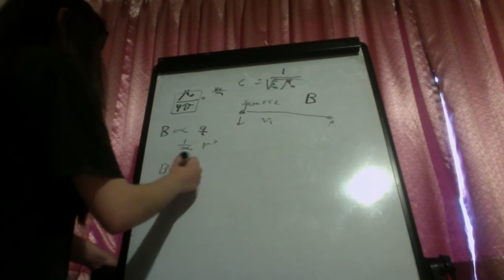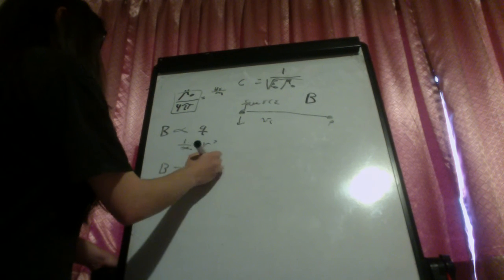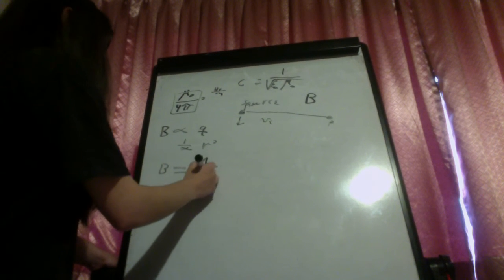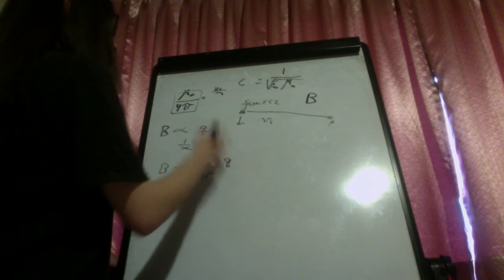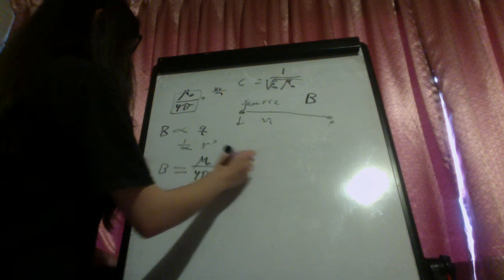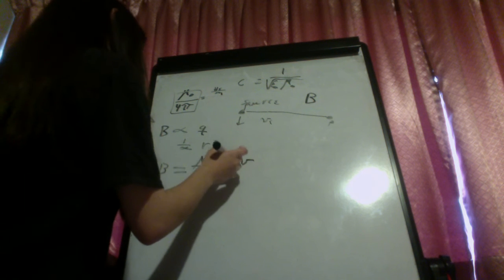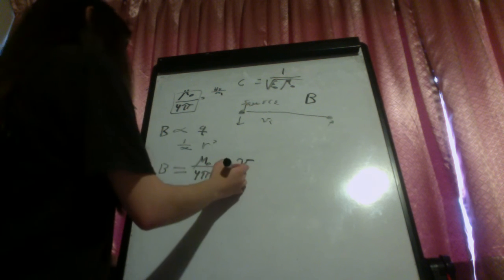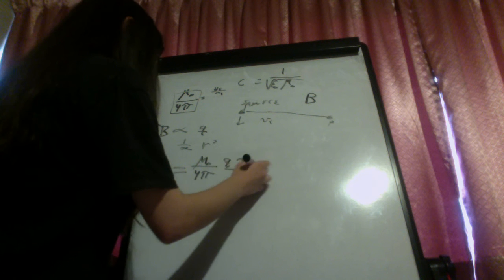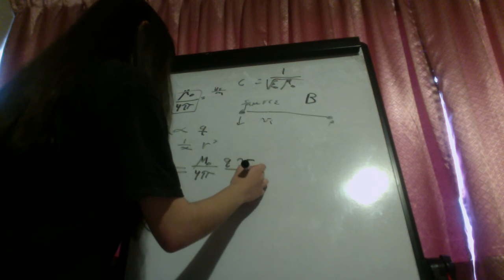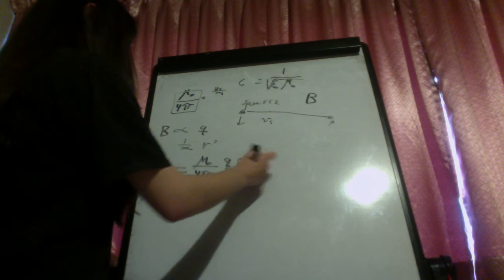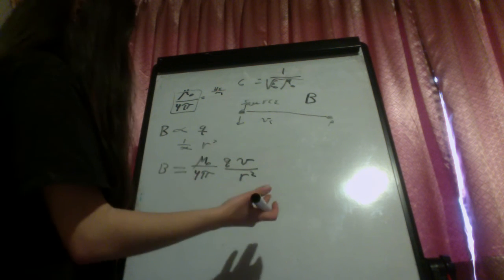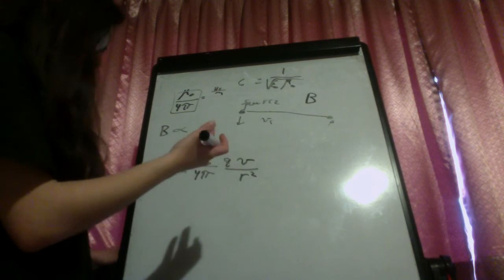So anyway, the magnetic field is equal to the constant of proportionality times the charge, times the velocity, and inversely proportional to the distance.